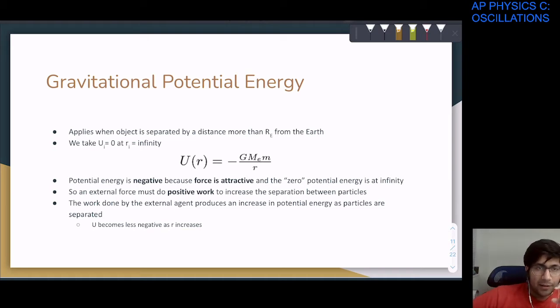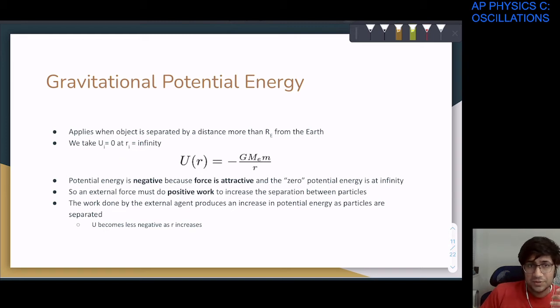So over here, we're going to take the reference point of zero potential to be infinity. And by infinity, I mean an infinite distance away from the Earth. So U sub i is equal to 0 at r sub i equal to infinity.